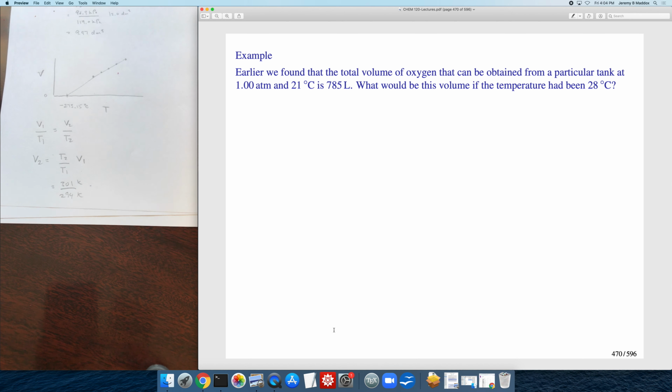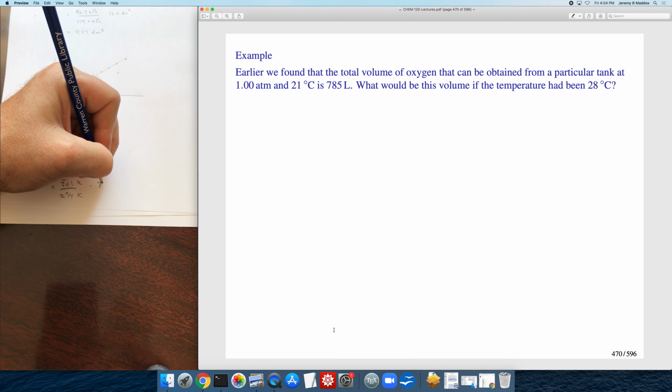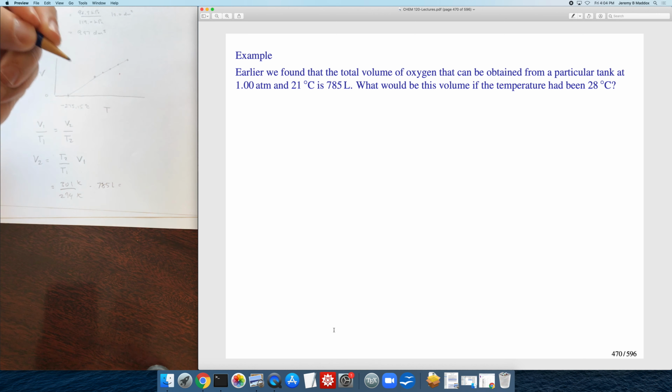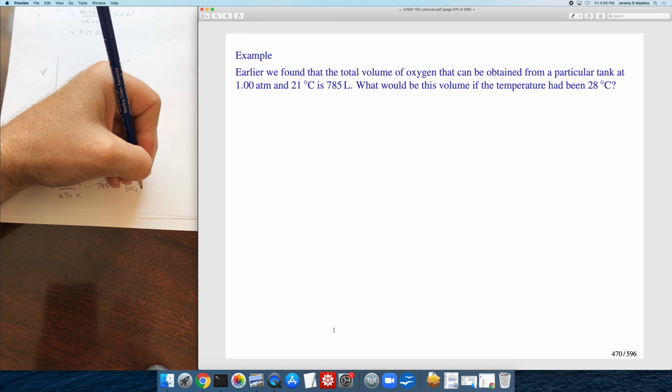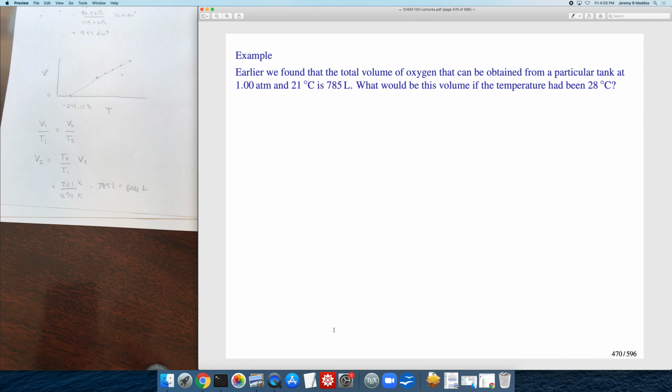And then for the volume, we'll multiply by that 785 liters. Run these numbers through your calculator. And I'm getting 804 liters out of that. Okay, so this illustrates a calculation involving Charles' law.